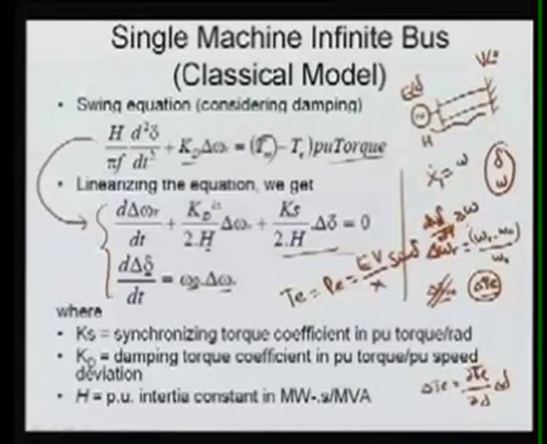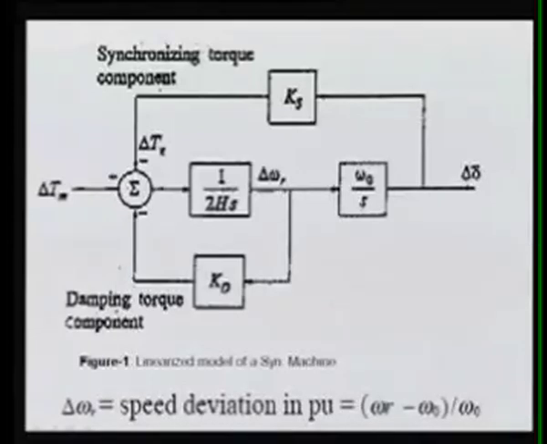So we are multiplying by the actual speed, so we get the change in actual speed, because this omega r is in per unit. So we have multiplied so that we can get the change in omega r in actual value.